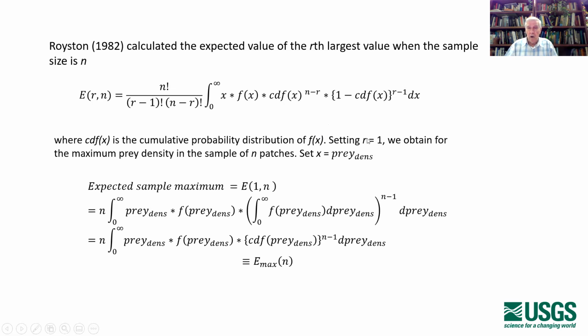We can set r equal to 1 because we're only interested in the best patch found. In this case, the expected sample maximum E of 1 n is given by this formula below, which we call E sub max n. This can be evaluated numerically. We haven't tried to evaluate this algebraically, but it can be evaluated easily numerically.